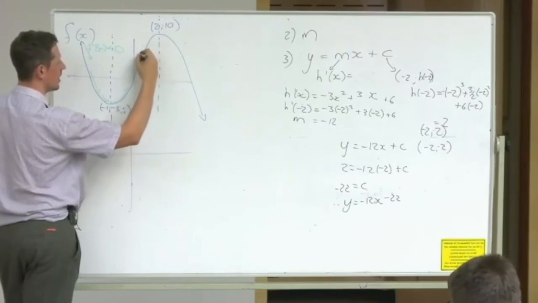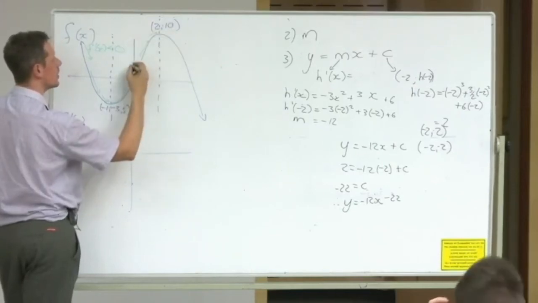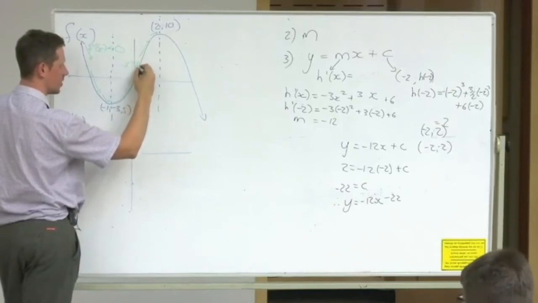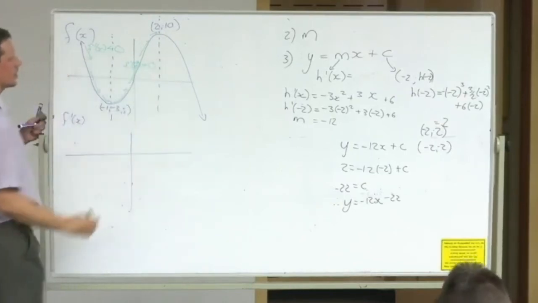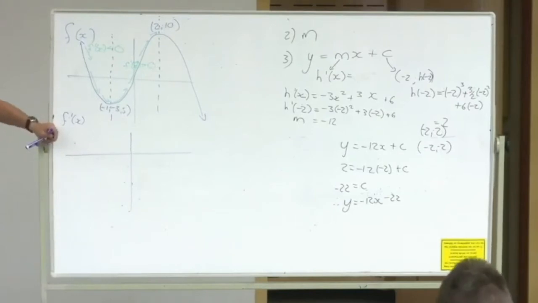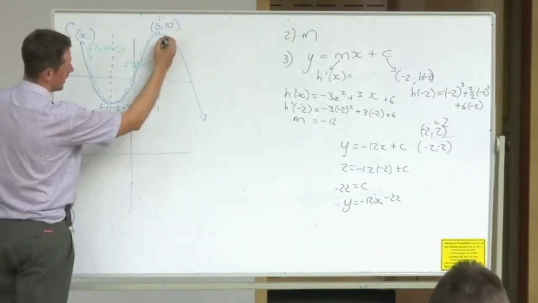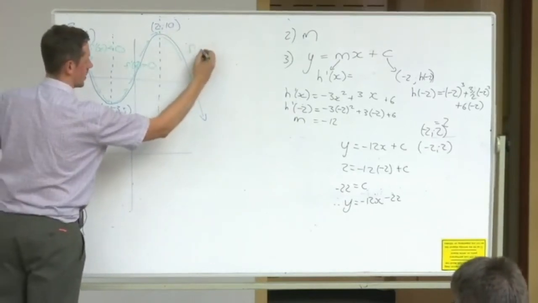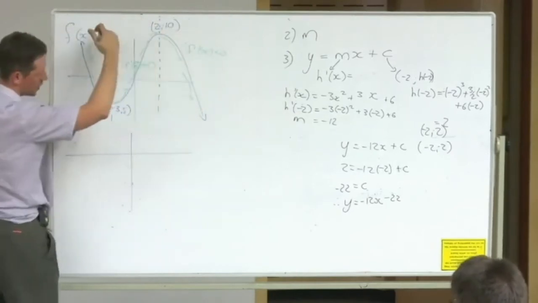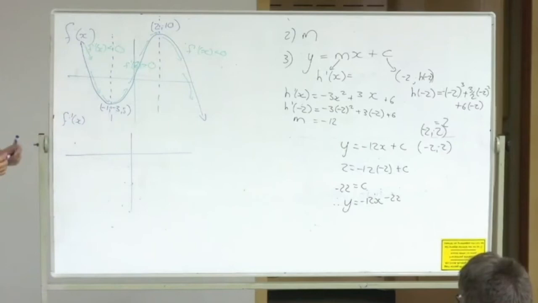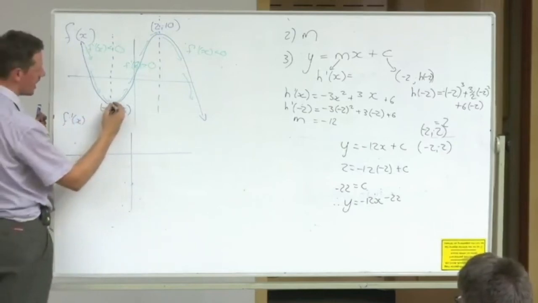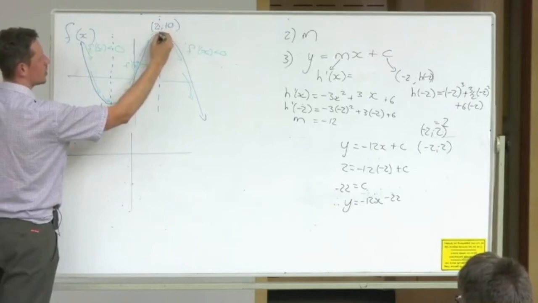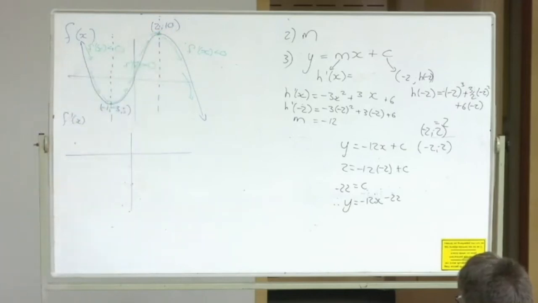Do you all agree with me? Hopefully. So f'(x) is greater than 0. And here, f'(x) is smaller than 0 because f(x) is decreasing. But what happens at those 2 points? They are where f'(x) is equal to 0.